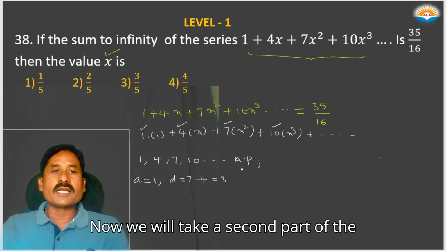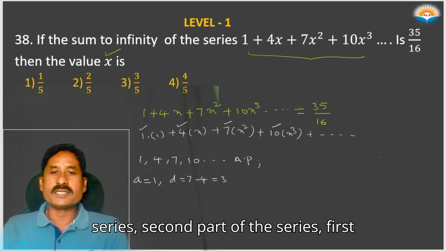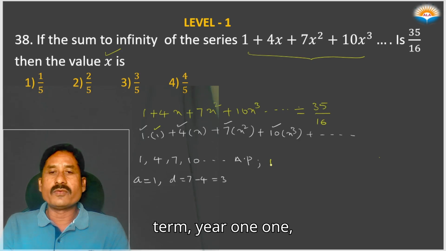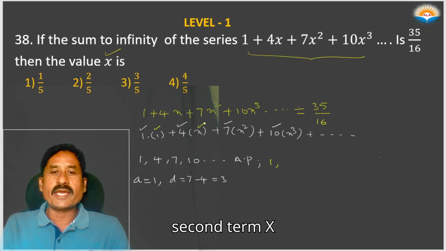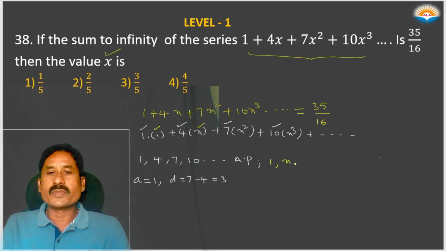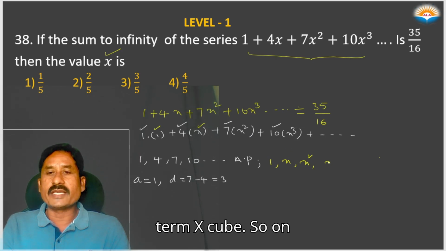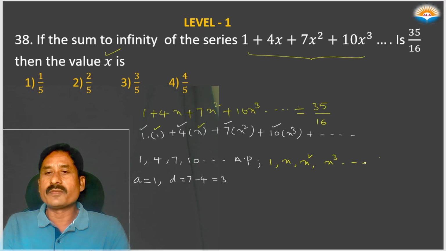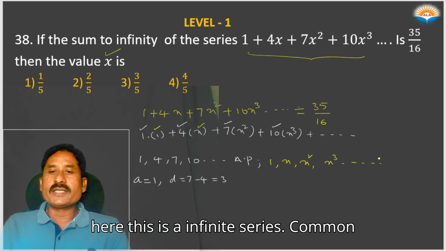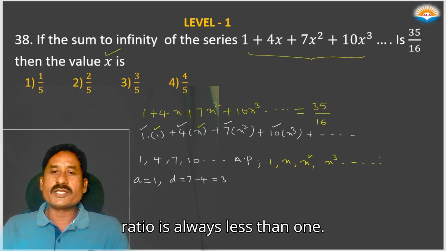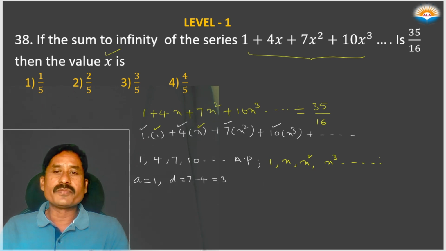Now we will take the second part of the series. The first term here is 1, second term x, third term x square, fourth term x cube, so on. Here this is an infinite series, and the common ratio is always less than 1.